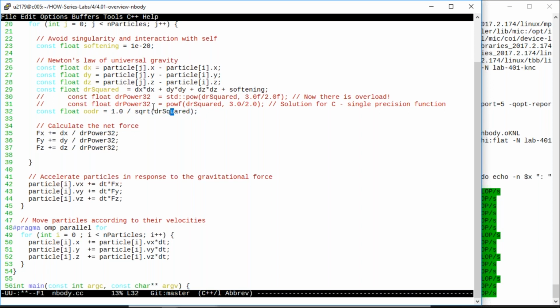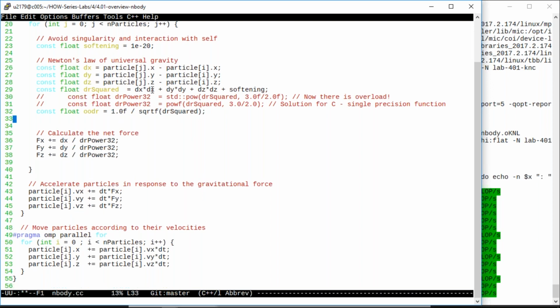I'm not going to fall into the same trap as before. I'm going to use f on the literal constant, and I'm going to use square root f. And then what I need in the denominator is the cube of that. Oh, I'm sorry.